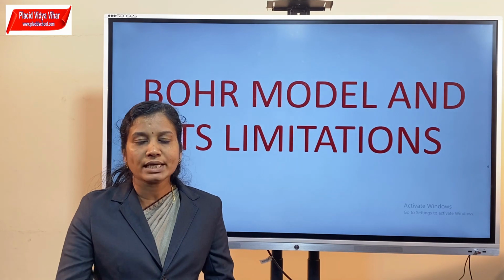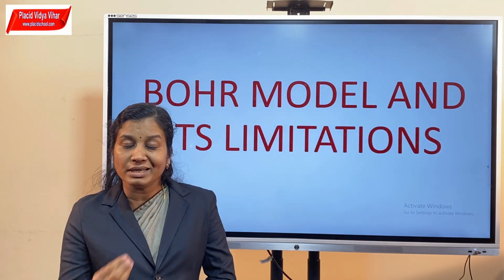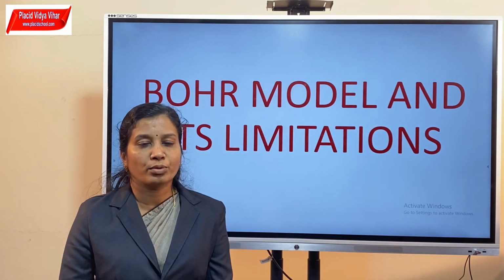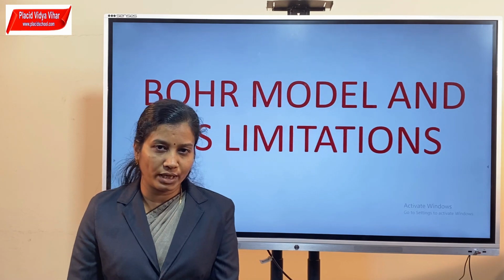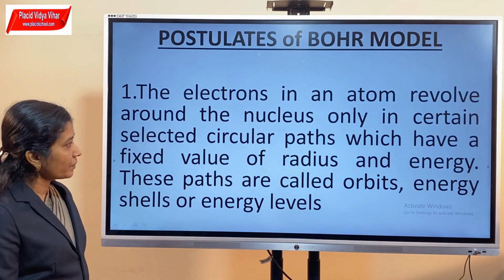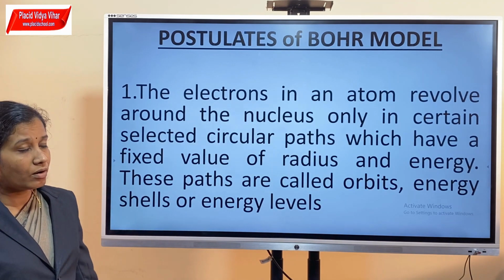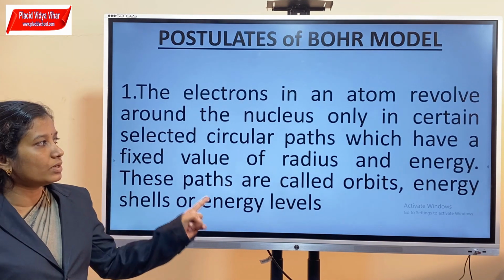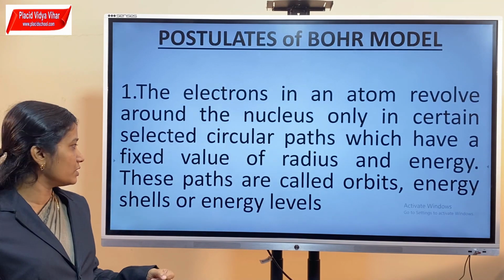We are going to see the postulates of this Bohr model, and again what are the merits and demerits of this Bohr model. So let us see the postulates. The first postulate: the electron in an atom revolves around the nucleus only in certain selected circular paths which have a fixed value of radius and energy.